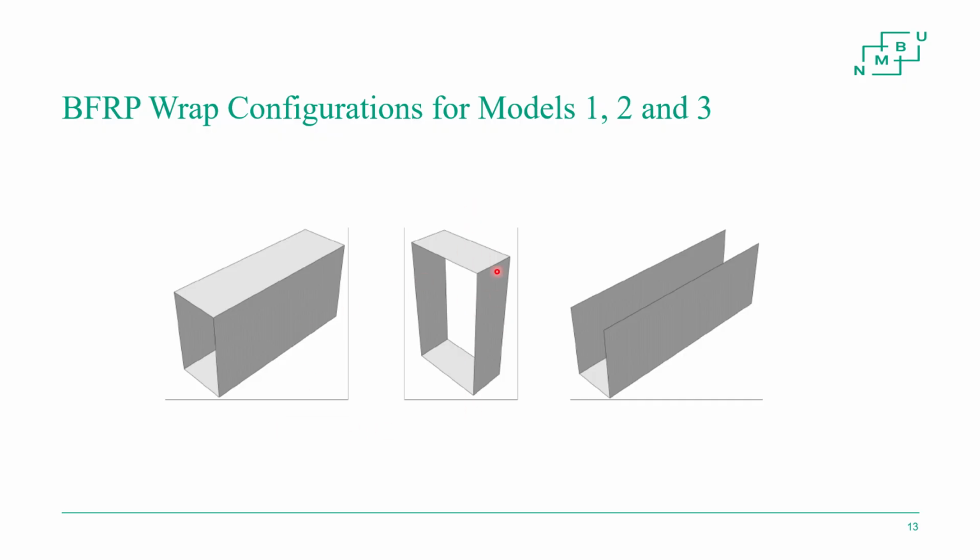In the second case, we have these strips, again all over the perimeter of the cross-section of the beam. And in the third model, we have this U-shaped wrap. So this means that the top part of the cross-section of the beam is not having any BFRP wrap.